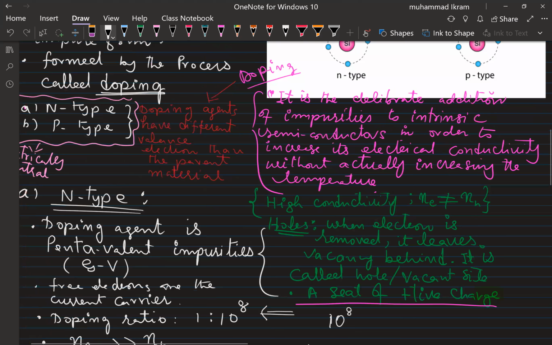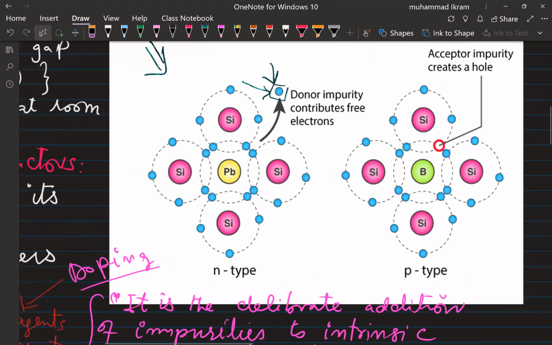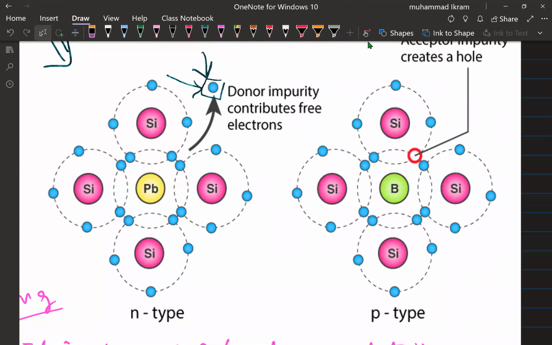Now let us see the p-type substances here. What do you see? For example, here we have bismuth, which has three valence electrons. It is surrounded by four silicon atoms, and you see that they are all bonded here. One of its electrons is bonded with this silicon atom, one with this, one with this.